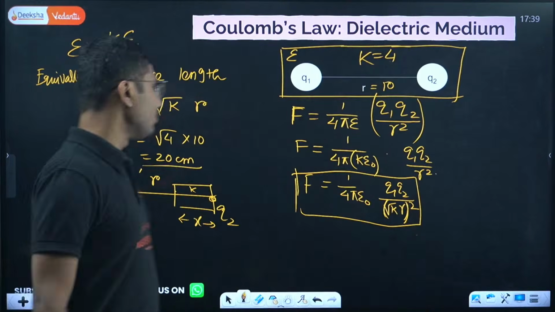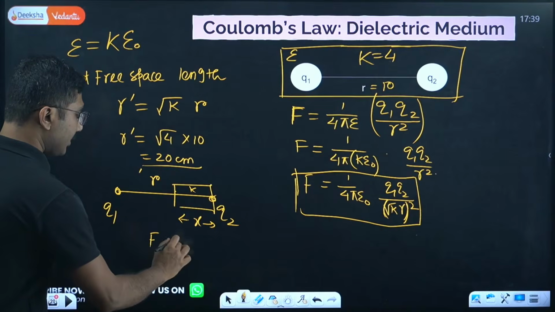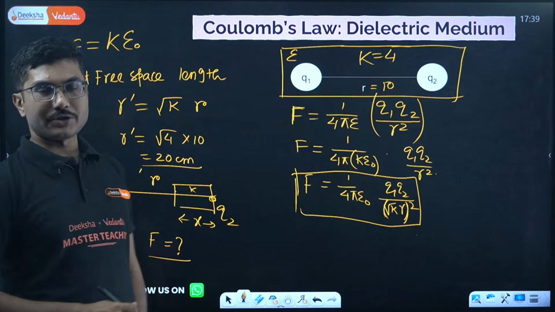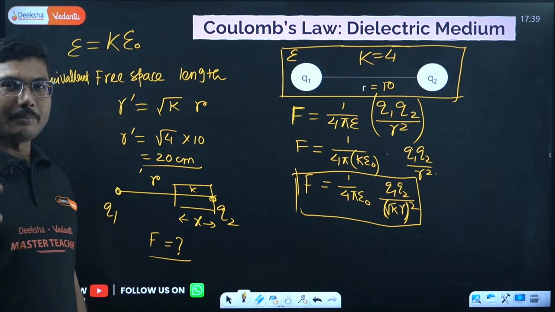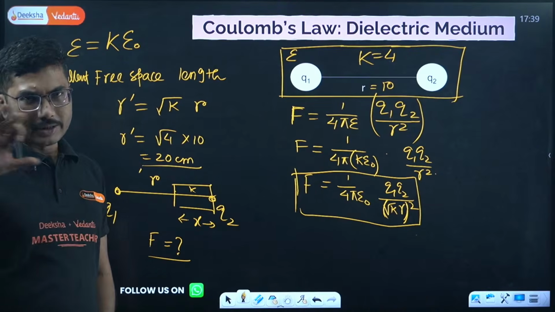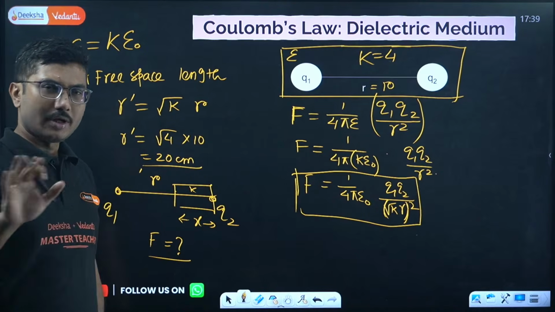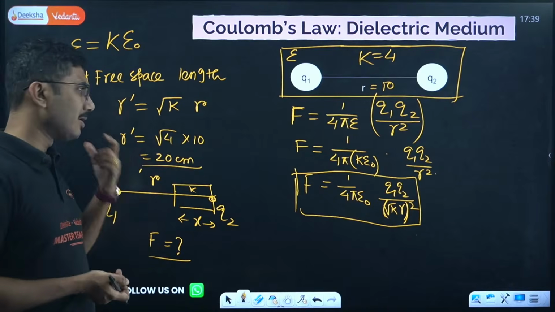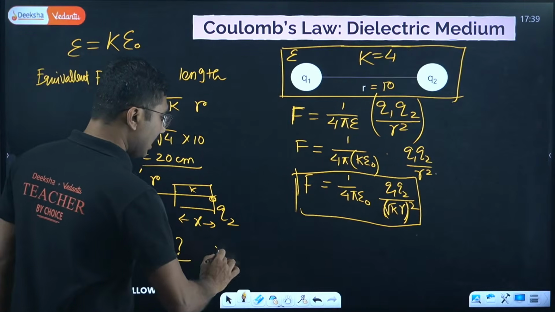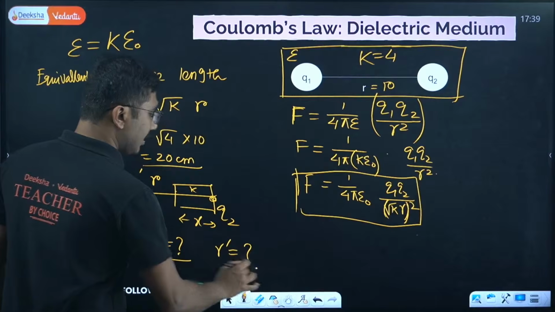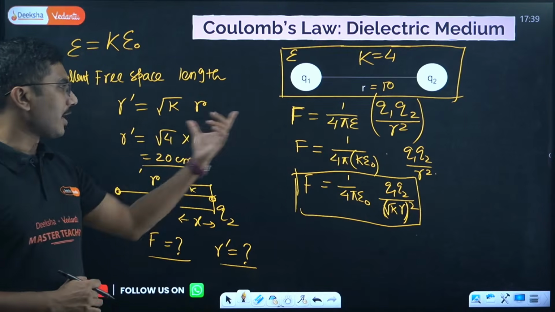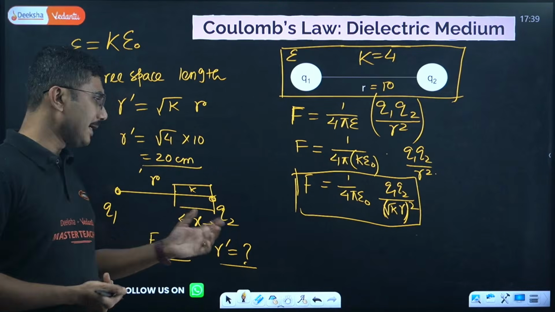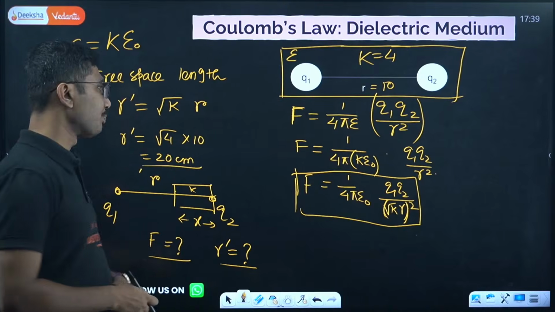What will be the new force? Try to answer this question. You are not asked to write the full equation, but write the basic form of how the distance will change. You basically find r dash in this case. If you are able to find r dash, you can find the force as well. So write r dash in the comments below.